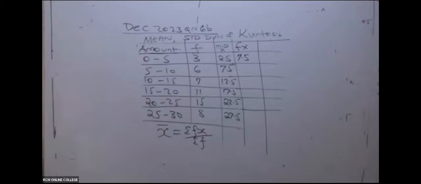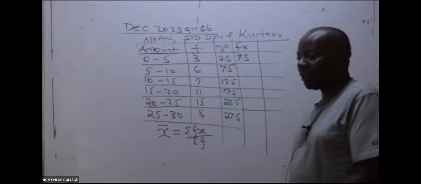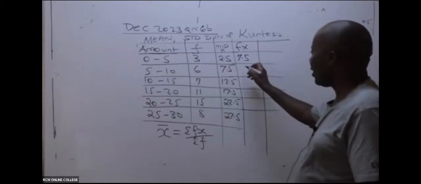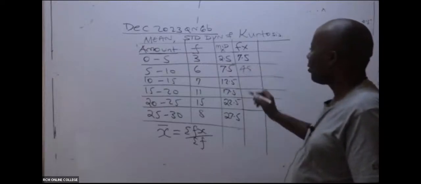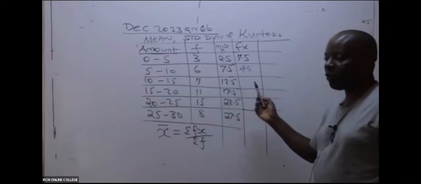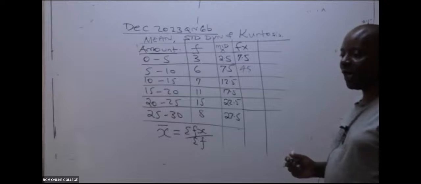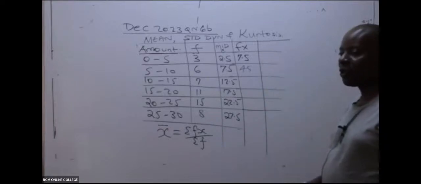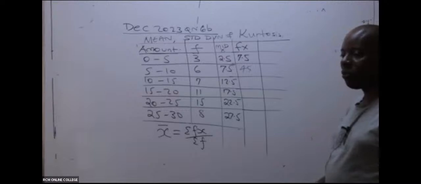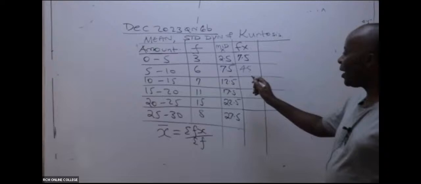All right, so now we are on the second multiple. Yeah, 45. Thank you so much. So here we have 45. Then we have 7 times 12.5. We are simply doing fx. So 7 times 12.5, what are we getting there? 87.5. Thank you.